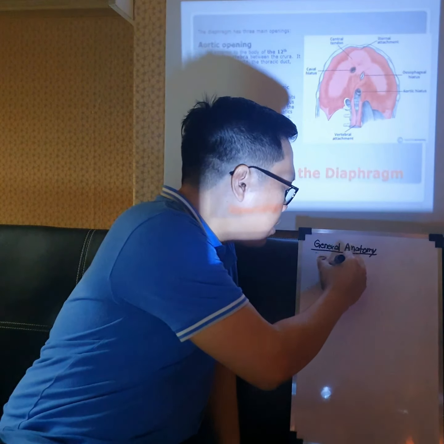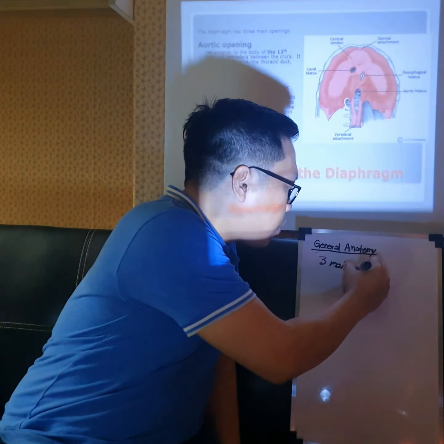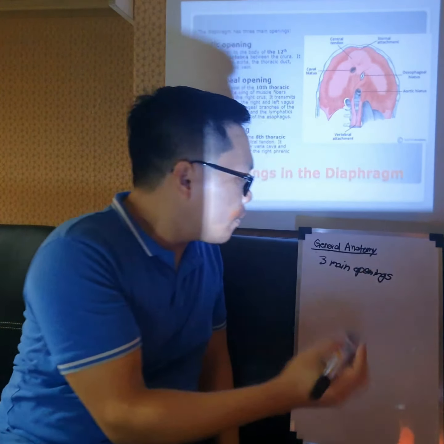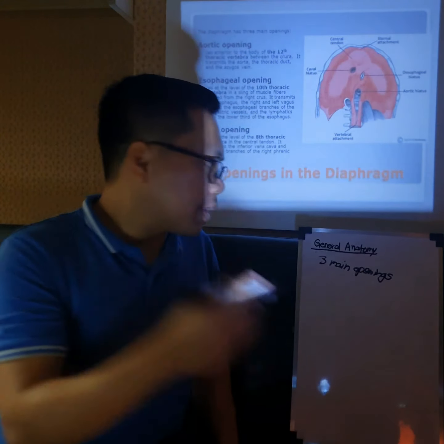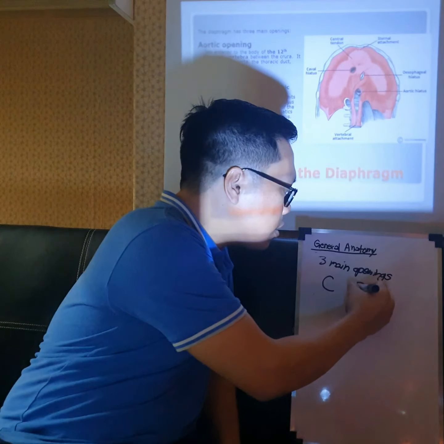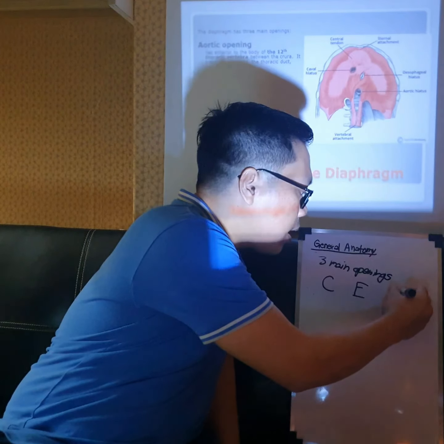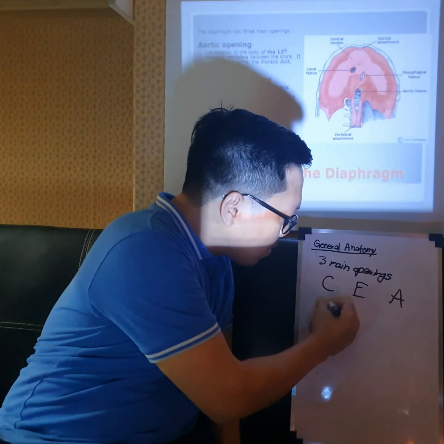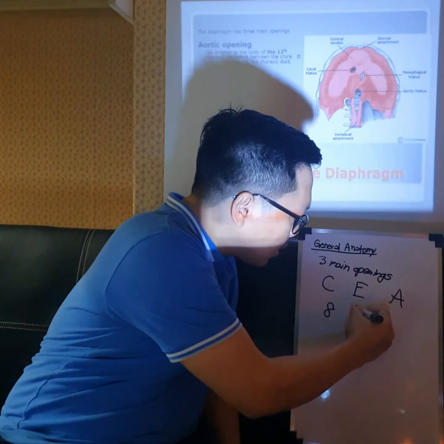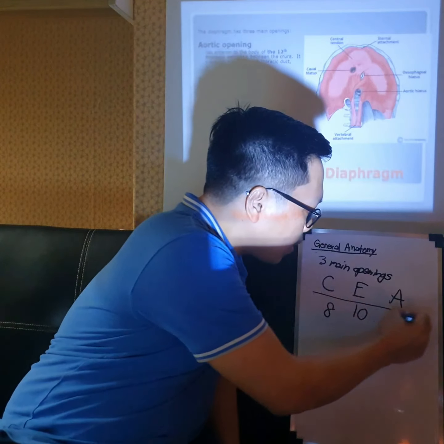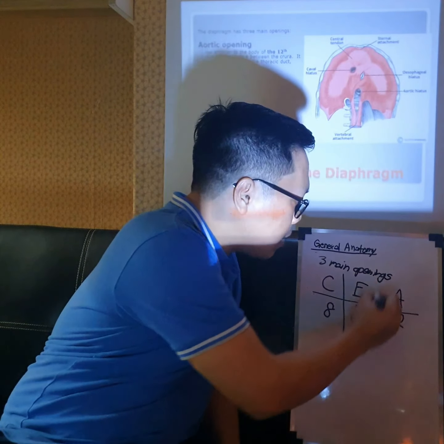To make it easier to remember, we have a table. Write it this way: CEA. Then always remember 8, 10, and 12. We'll be creating a table.